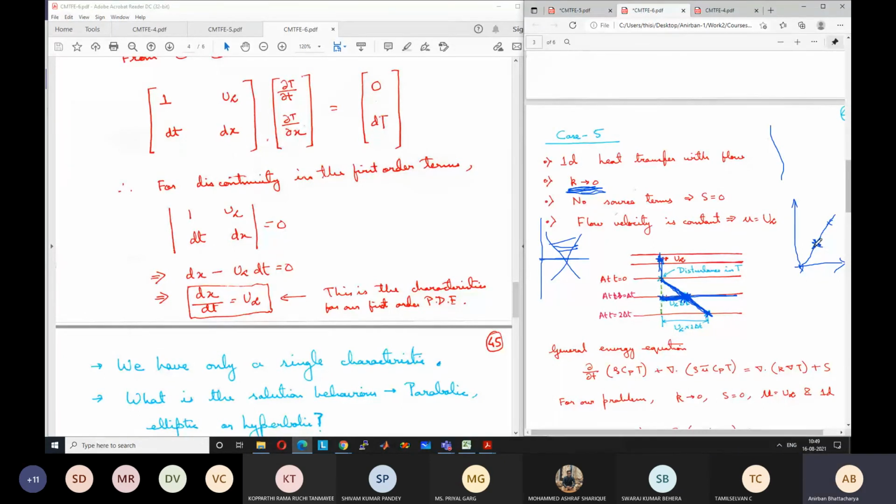Which regions can influence this point? This is the x direction, and drawing is very difficult here, and this is the t direction. So which region can influence this point?